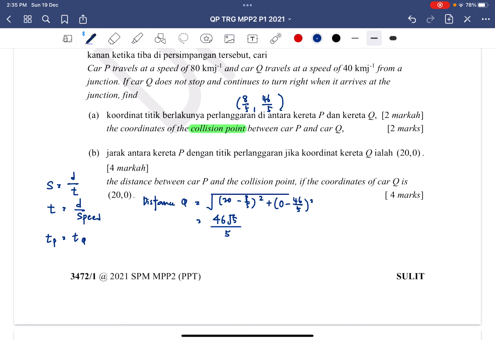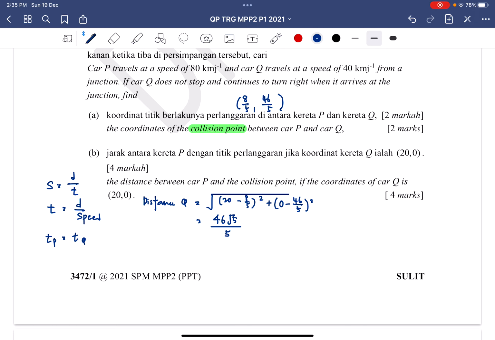So the speed of Q you have, and the distance for P you don't have, you need to find, and the speed of P you have. So just bring our concept to the center. Moment, I'll bring my distance to my left hand side. Okay, so this is our main concept: the time of collision of P will be equal to the time of collision of Q. So time is equal to the distance divided by the speed.